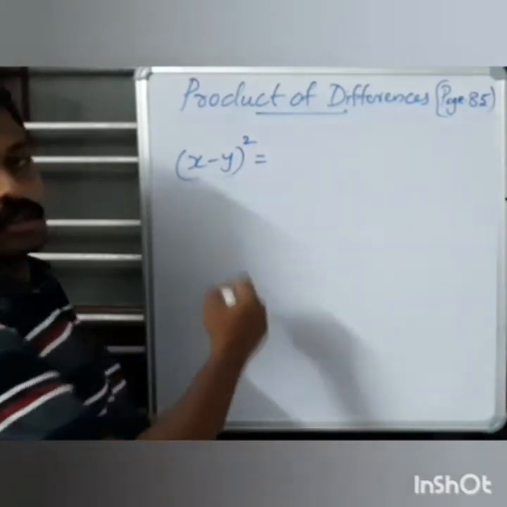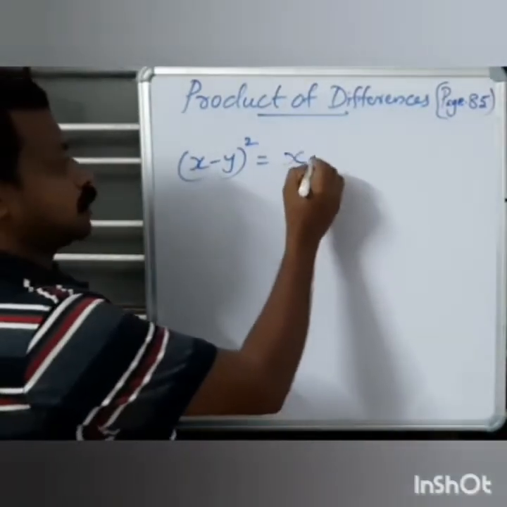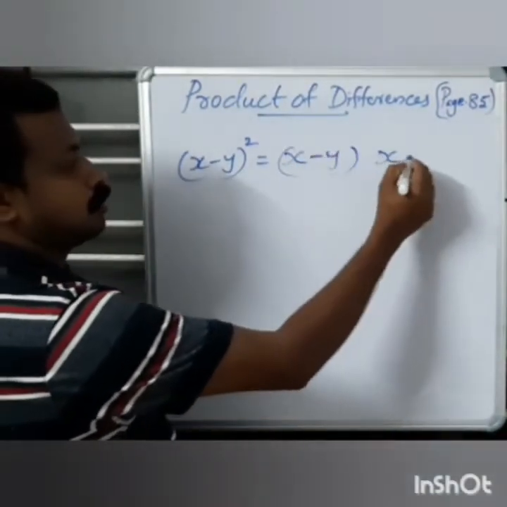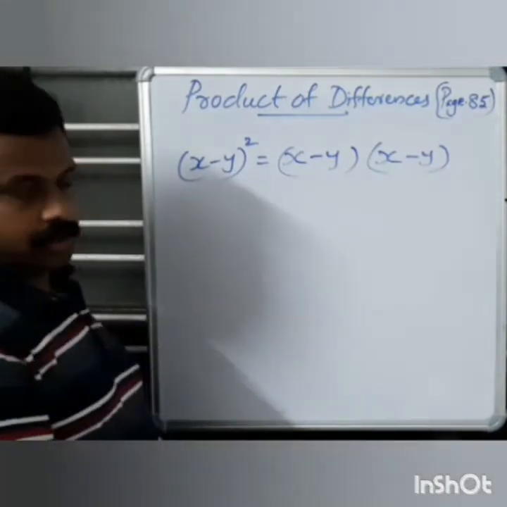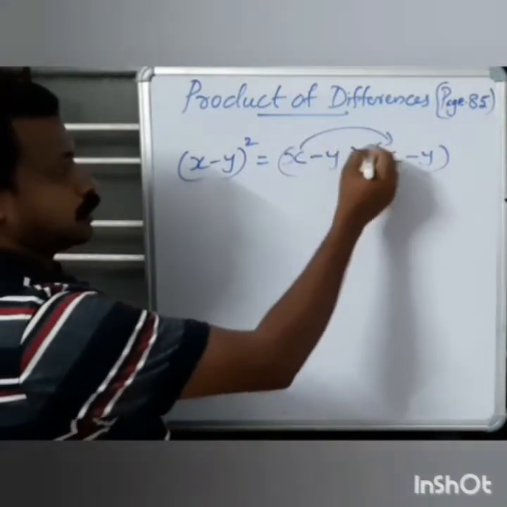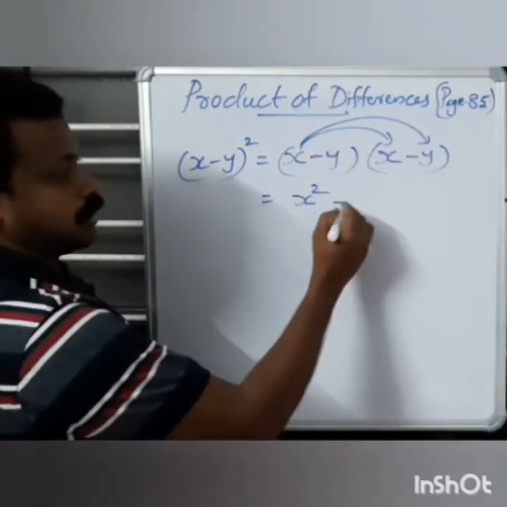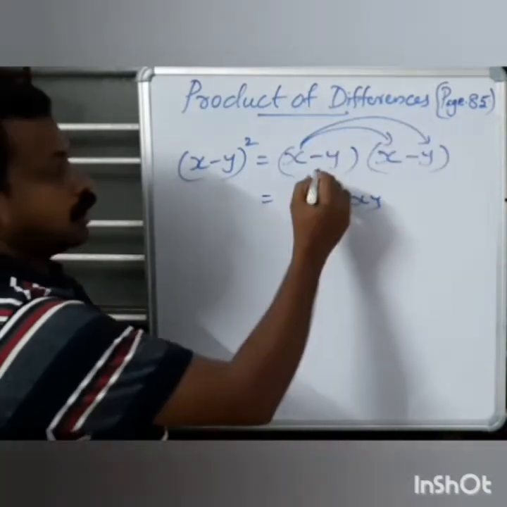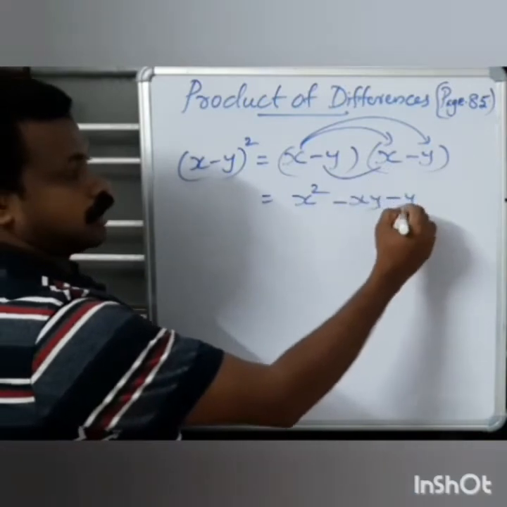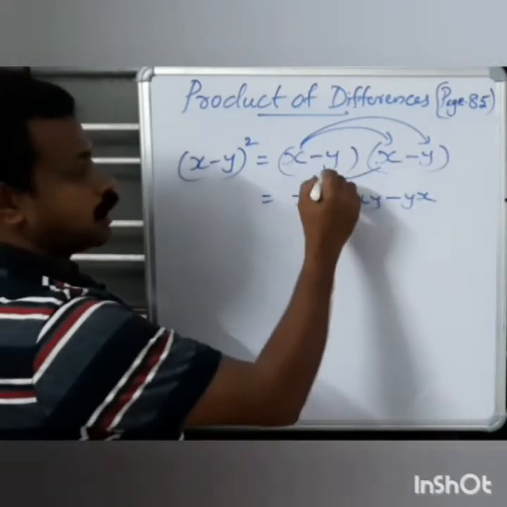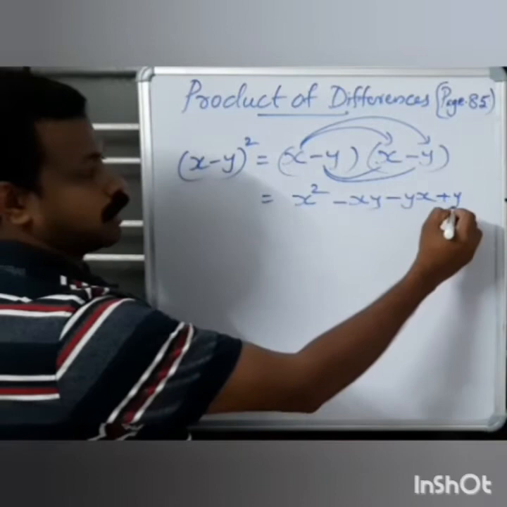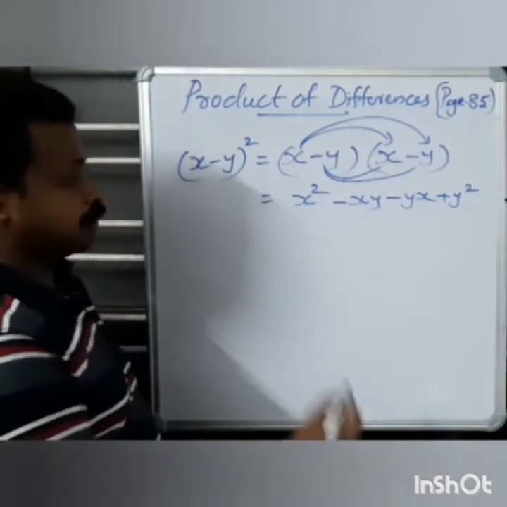X minus y whole square, you can write as x minus y into x minus y. So x into x, x square, x into minus y, minus xy, minus y into x, minus yx, minus y into minus y is plus y square.